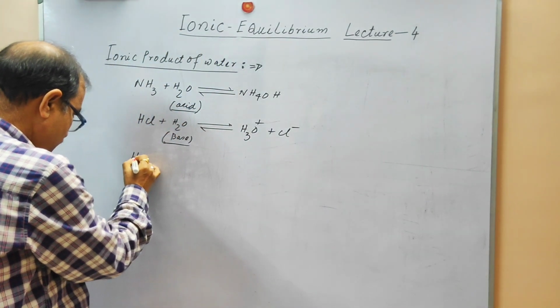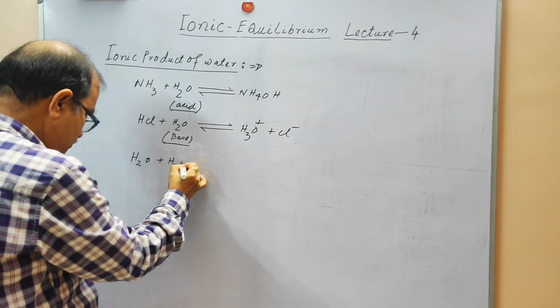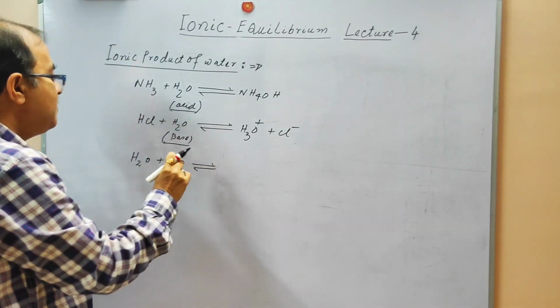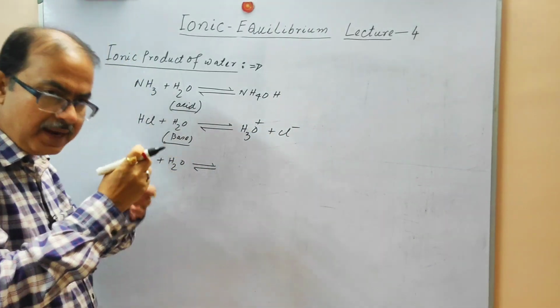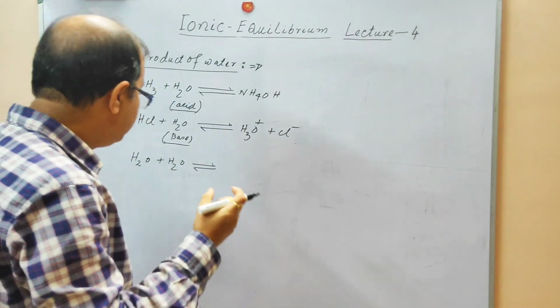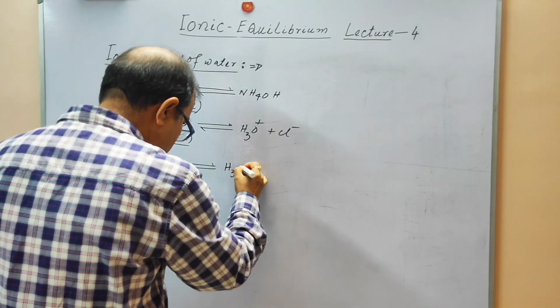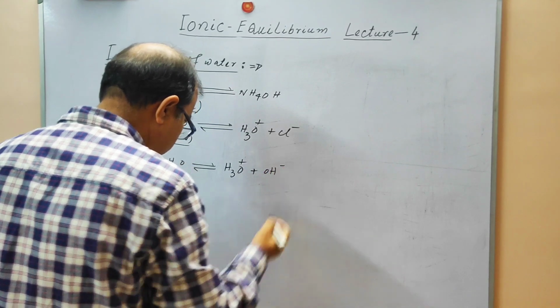At that time, with two molecules of water, one molecule gives the H plus ion and the other molecule takes up this H plus ion. So it produces the hydronium ion and the OH minus ion.